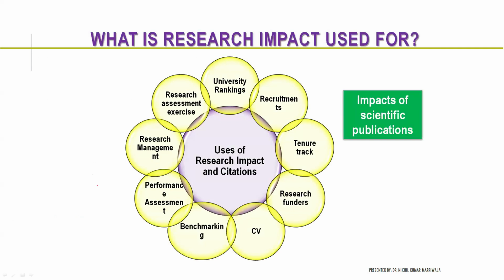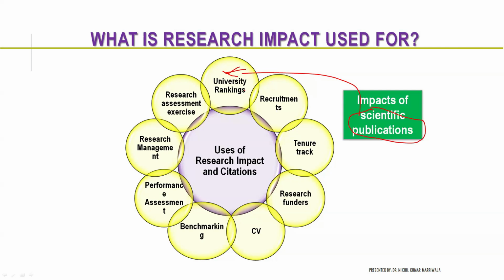So if you see over here, university rankings these days have become very, very important, right? And everybody is talking about these aspects. This scientific publication has a huge impact on university rankings, and that is why universities are encouraging you to talk about these things.